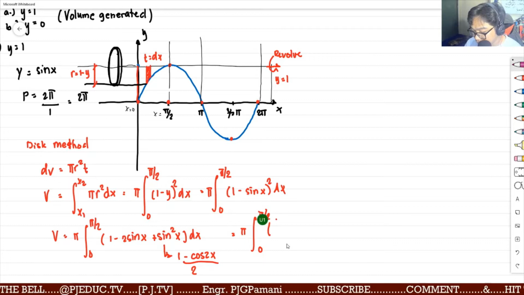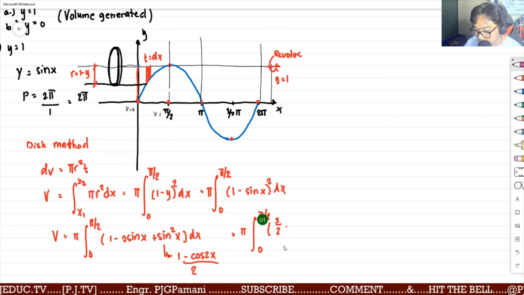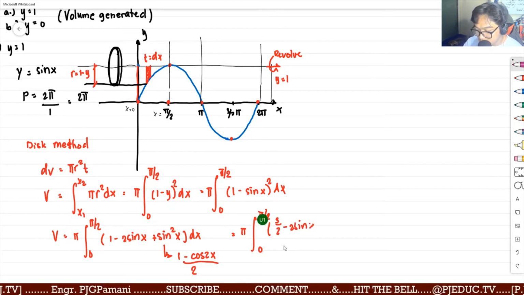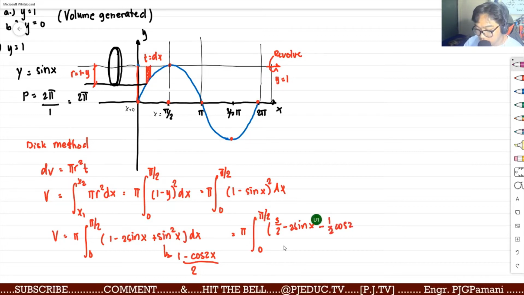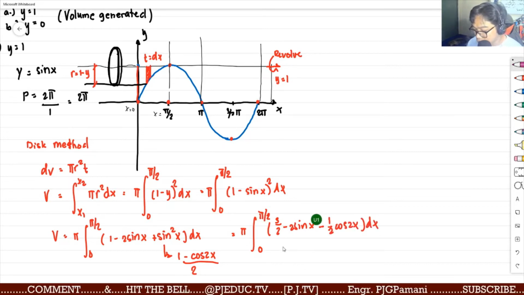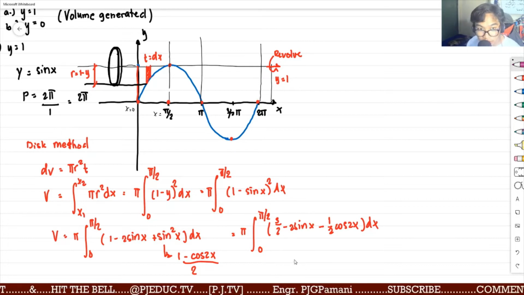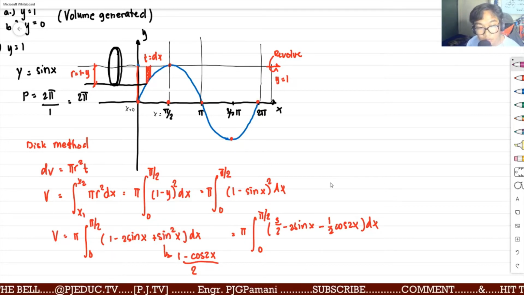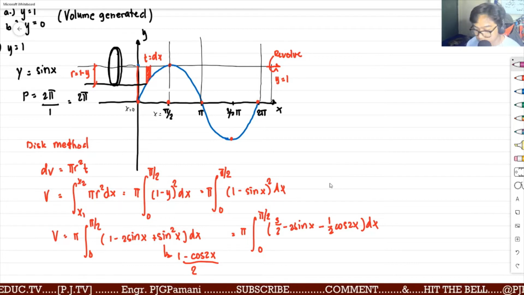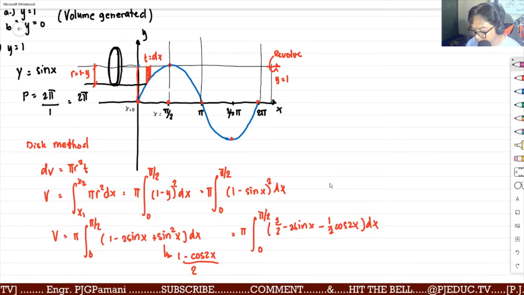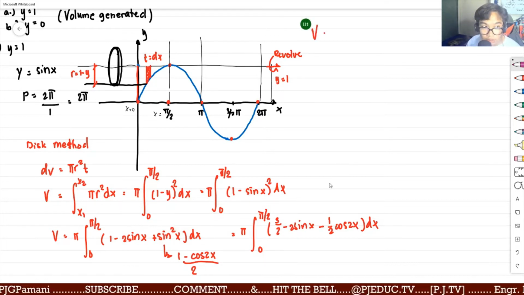That is 3 halves minus 2 sine x minus 1 half cosine 2x and dx. Introduce lang natin si integral sign. Gulo yung solution ko, pero para magkasya sa frame, dito ako sa taas. Okay.